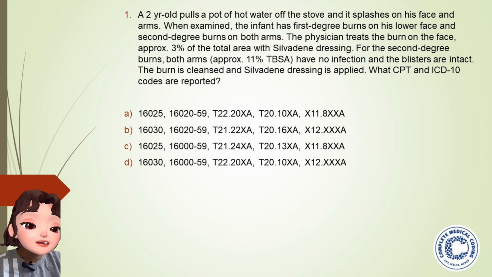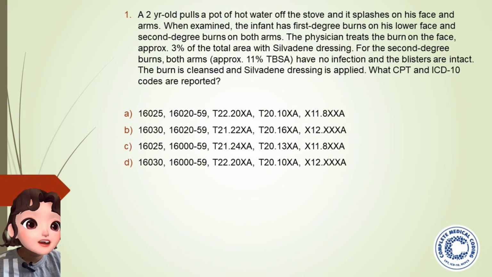This is the first visit of the patient for the burn injury, so this will be the initial encounter. That's why on the 7th place the character will be A.